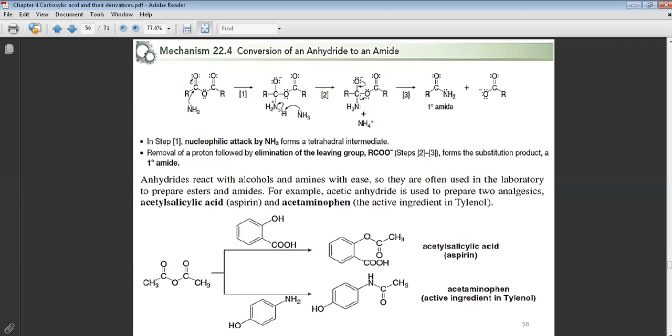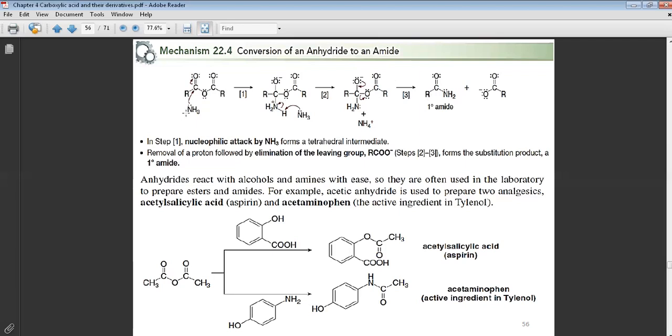Now remove this proton to give you the NH2 group. And the final step: the negative charge on the oxygen makes a pi bond, a double bond, and the bond between the carbon and the leaving group breaks to remove the leaving group from the structure, to give you the amide, the primary amide.